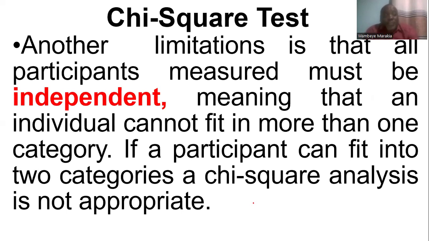Another thing you should bear in mind is that participants must be independent, meaning that an individual cannot fit in more than one category. They talked of mutually exclusive. If a participant can fit into 2 categories, a chi-square analysis is not appropriate.